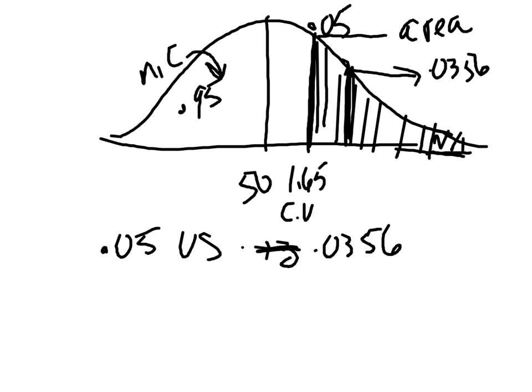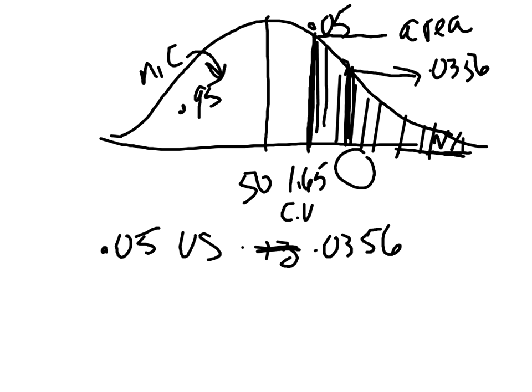Okay, clearly whatever the z-value associated with 0.0356 is, it's got to be bigger than 1.65. And recall what I just said, as we get larger z-values, the amount of area in that right tail gets smaller and smaller and smaller.